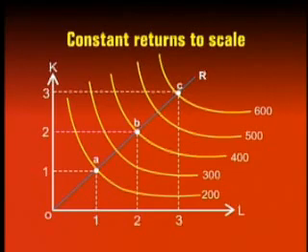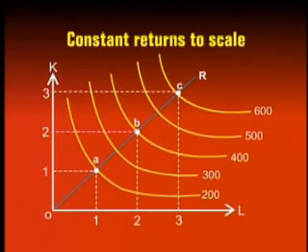Now, if you go back to the definition of constant returns to scale, you will remember that constant returns to scale obtain when the percentage change in the output is exactly equal to the percentage increase in all the inputs. Let's see what's happening in this case.